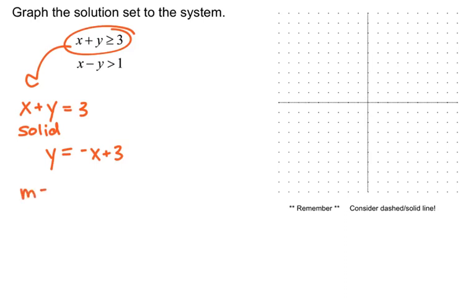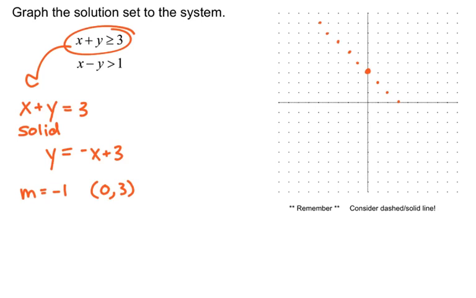So that line has a slope of -1 and a y-intercept of (0, 3). I'm going to plot my y-intercept there, and then I'll travel down 1 over 1, down 1 over 1, etc. I'm drawing my line with a slope of -1.